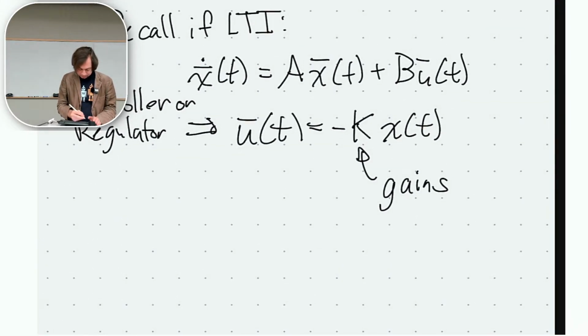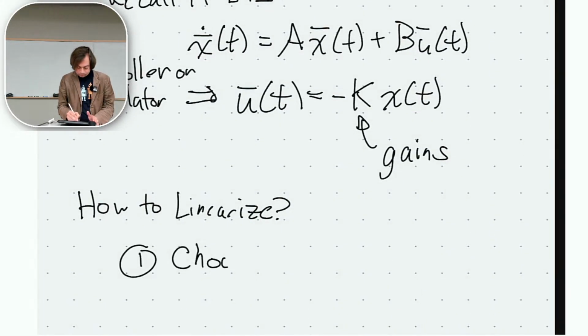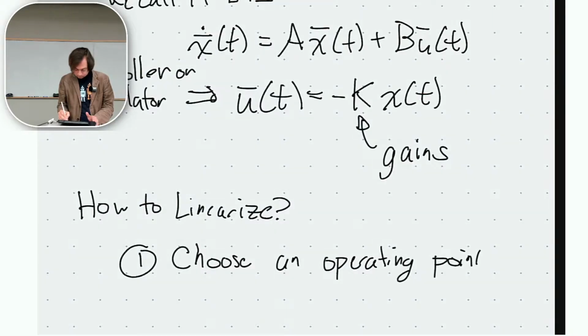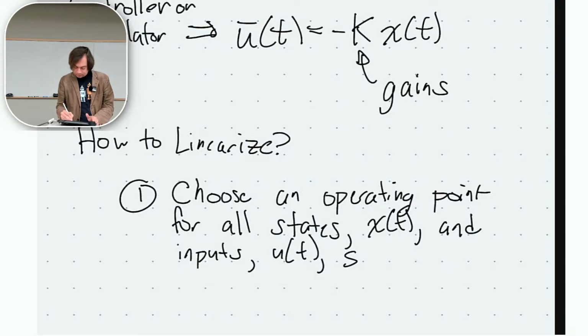So how to linearize? One is you have to choose an operating point, for all states x of t and inputs u of t, such that x dot of t is equal to 0.